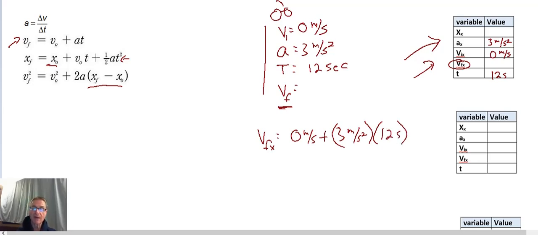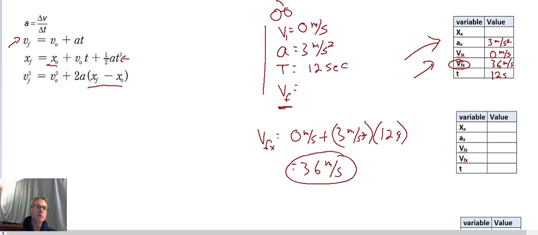So we do the math here. 3 times 12 is 36. The seconds cancel out with the squared term there, and we're left with 36 meters per second, which would be our final velocity.